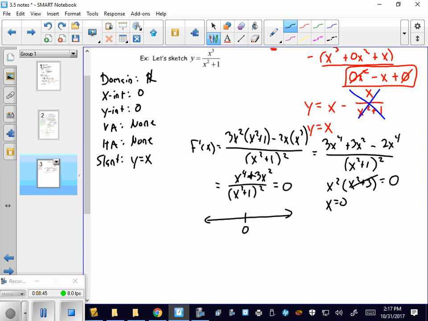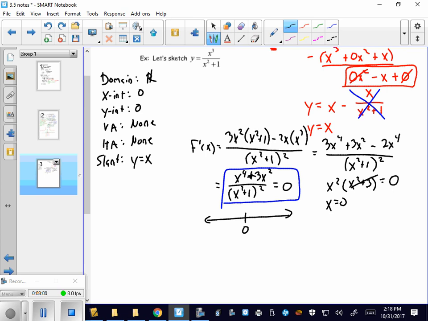Let's test around it. If I plug a negative value, again, I'm going to go with the most simplified version that I can, which is this one. Well, the interesting thing about this is the numerator is x to the 4th, even power, plus 3x squared, even power. If I plug anything in, the whole numerator is positive. But then look at your denominator.